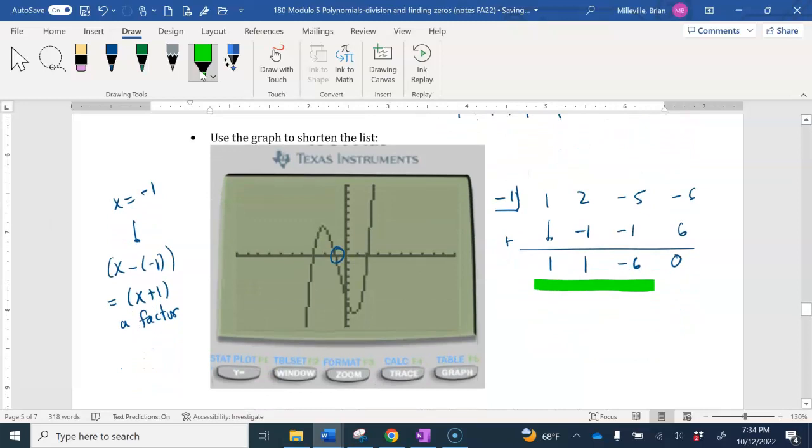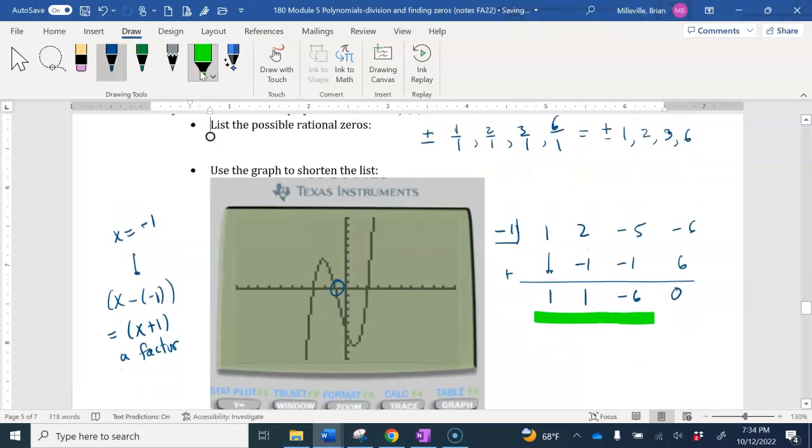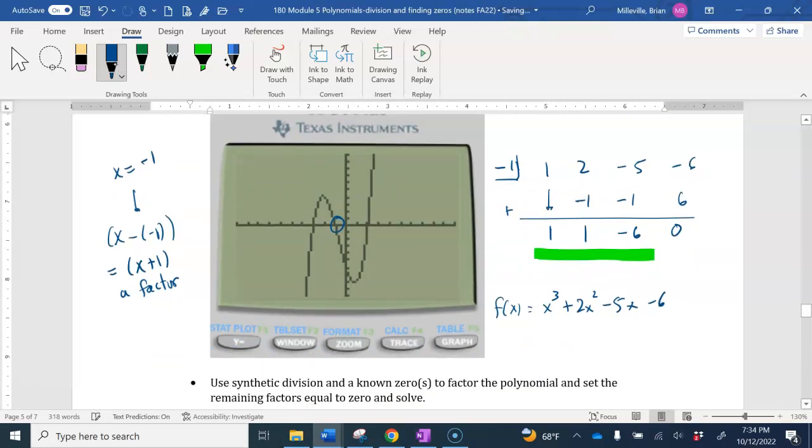So when we go to write this out, we want to express the function f of x, which is x cubed plus 2x squared minus 5x minus 6. We are going to rewrite this as x minus negative 1, or more simply x plus 1, times the resulting quadratic polynomial x squared plus x minus 6.